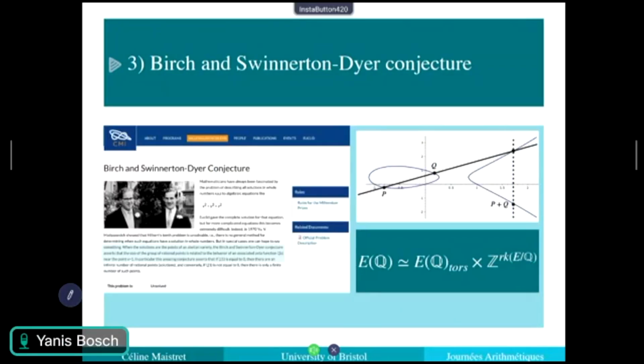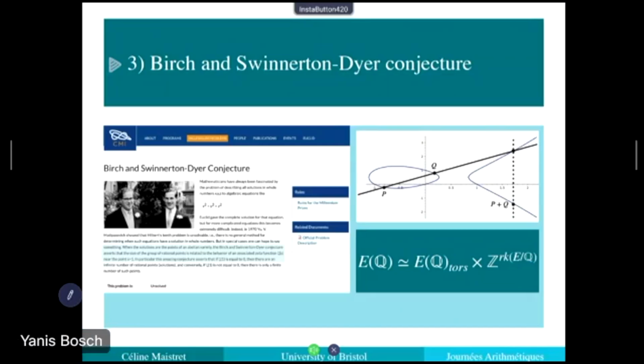Swinnerton-Dyer conjecture. So in the 60s, Birch and Swinnerton-Dyer started some numerical experiments to try to understand if there is a link between the rank of elliptic curves and what's described here as an associated zeta function near the point s equal 1. So I believe you've seen L-functions quite a few times already.